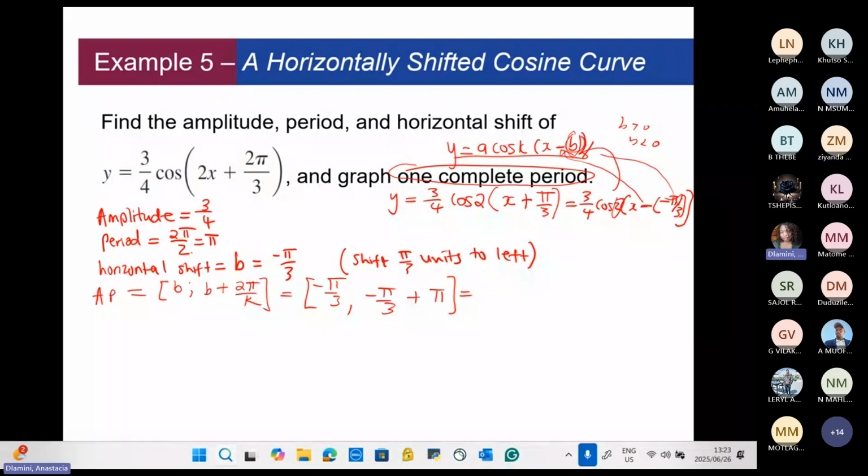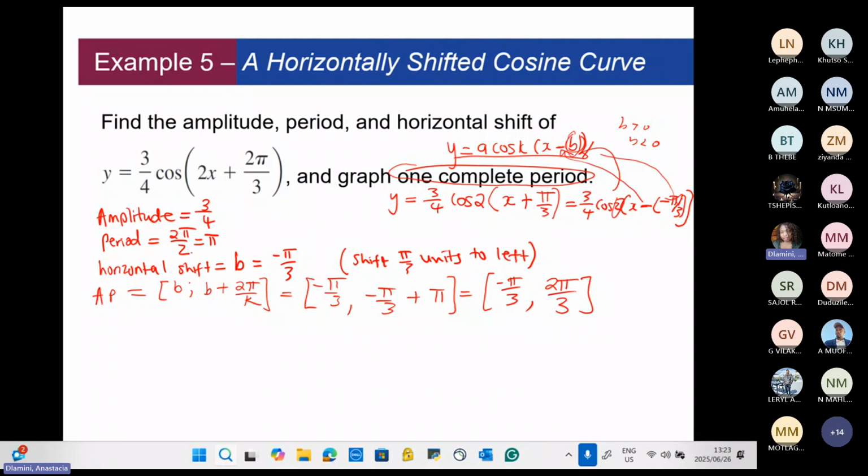Not coordinates, they are bounds, a lower bound and an upper bound. So it's negative pi over 3 to positive 2 pi over 3. You didn't use a calculator, right? No. Thank you.